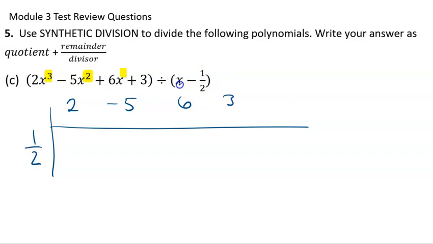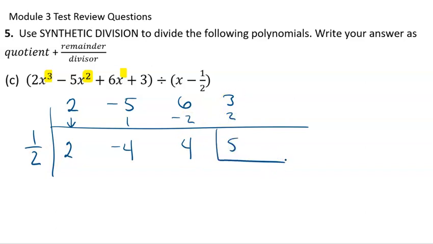Okay? Alright, 2 comes directly down, so I have 2. Now, you can't do this with fractions, can you? Of course you can. 1/2 times 2 is 1. Negative 5 plus 1 is negative 4. Half of negative 4 is negative 2, right? 6 plus negative 2 is 4. Half of 4 is 2. 3 plus 2 is 5.